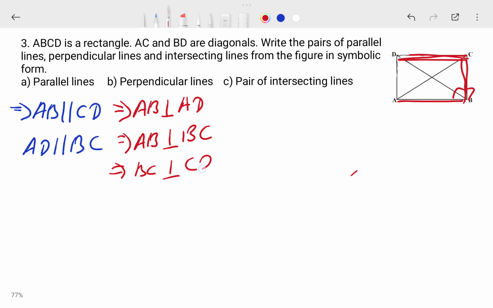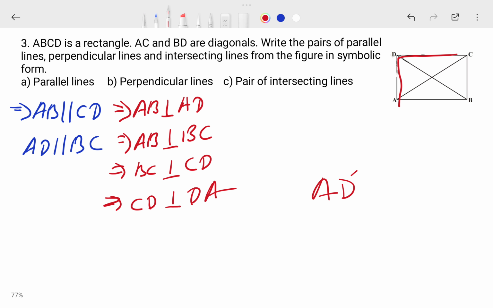After that, CD is perpendicular to DA. You can write DA, otherwise you can write AD. Both are the same. Is it clear now? So this second question is also clear.